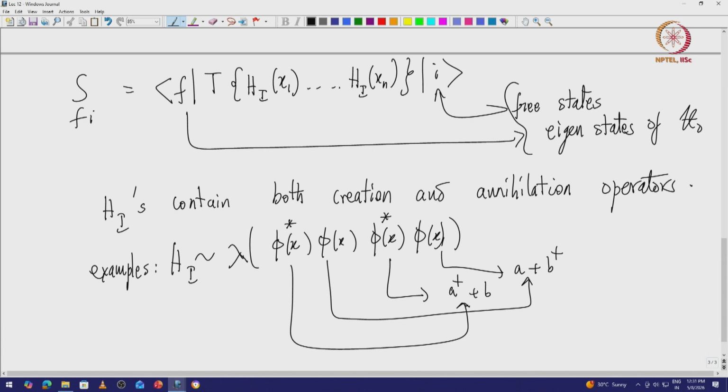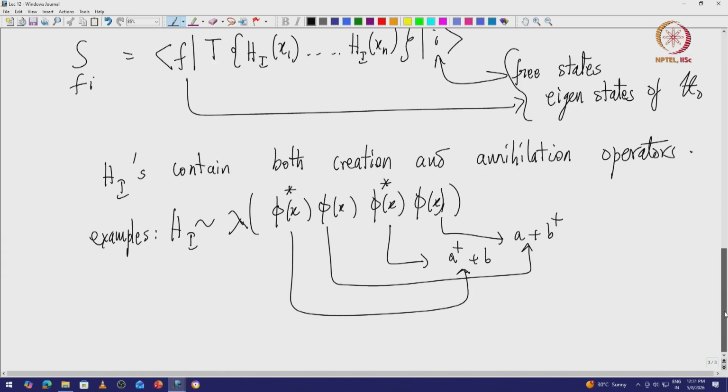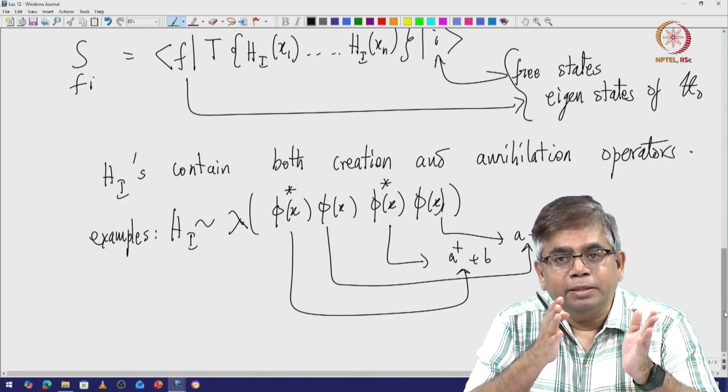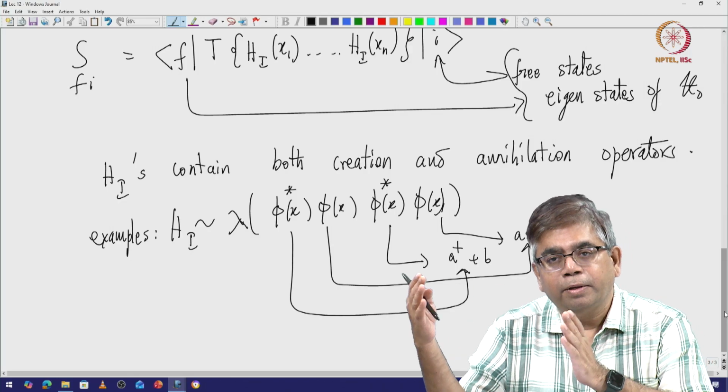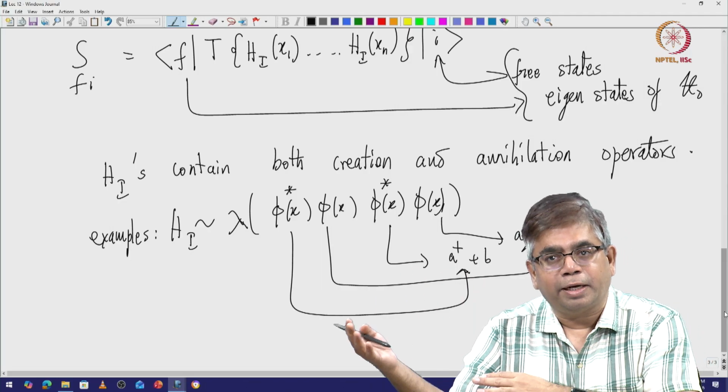Now what we always need, if you remember from the previous lectures, is that we want the vacuum to be normal ordered. Essentially at the end of the day what we want is the vacuum to be normal ordered. That can be done by pushing all the annihilation operators to the right.